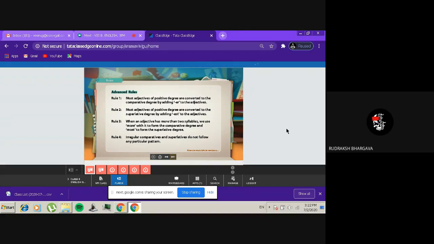When an adjective has more than two syllables, we use more with it to form the comparative degree and most to form the superlative degree. Rule 4. Irregular comparatives and superlatives do not follow any particular pattern.